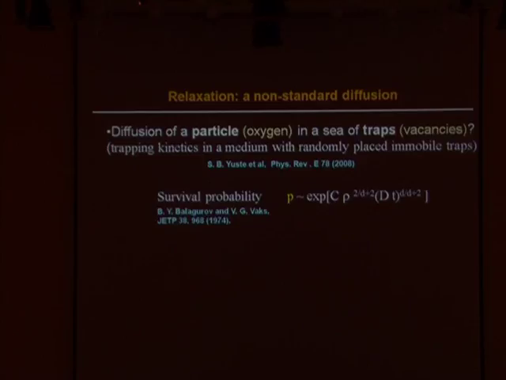So you can think that the problem is related to a survival probability, and the survival probability can be expressed like this. This is proportional to this exponential, where t is the time, d is the dimensionality of the problem, D is the diffusion constant, and rho is the density of traps.